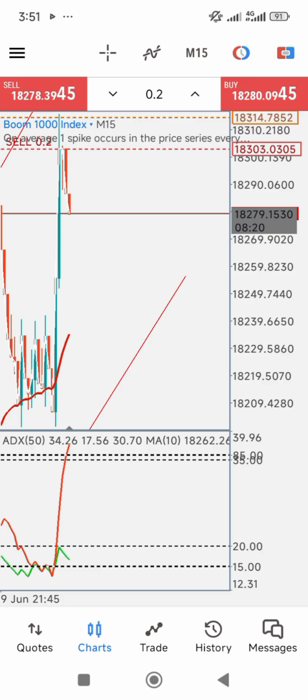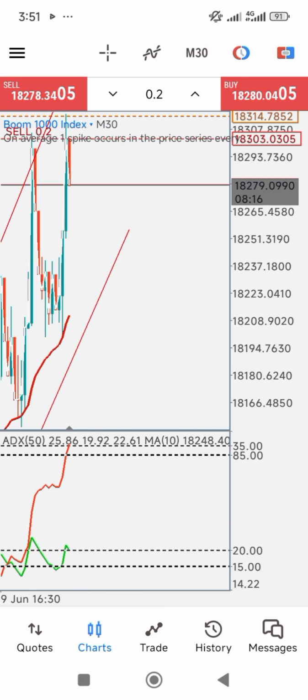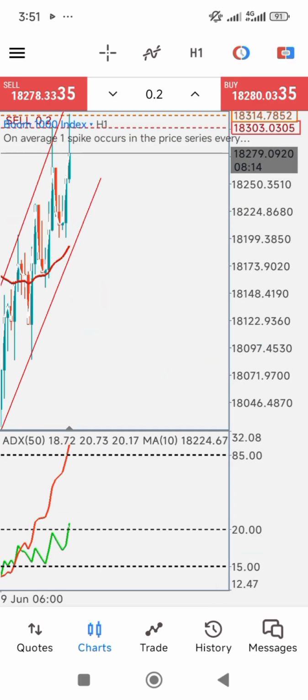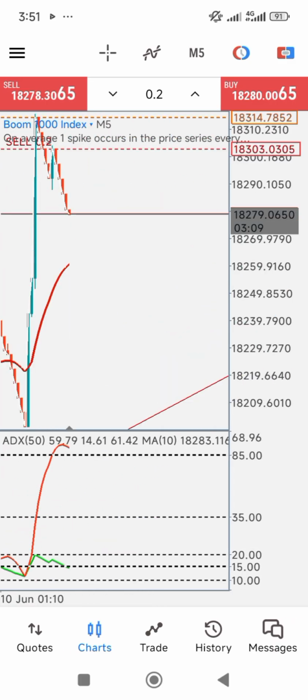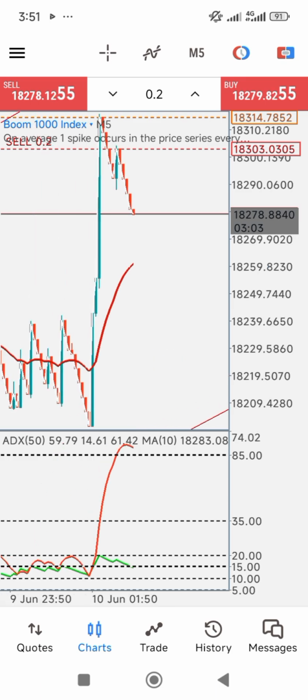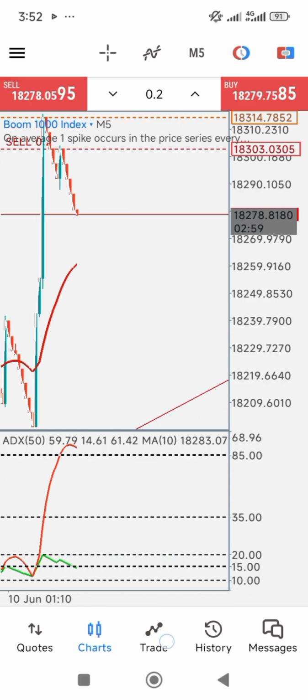All right. So mind you, this is the lowest lot size, 0.2 in Boom 1000. And for you to execute this kind of market, you will need at least a $7 account. A $7 account will enable you take this kind of trade.